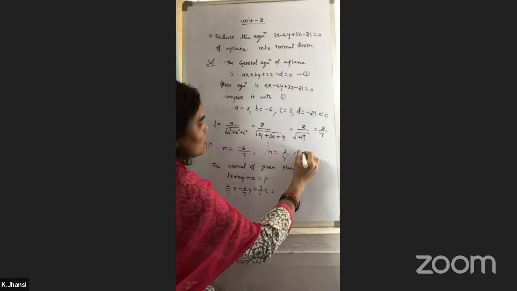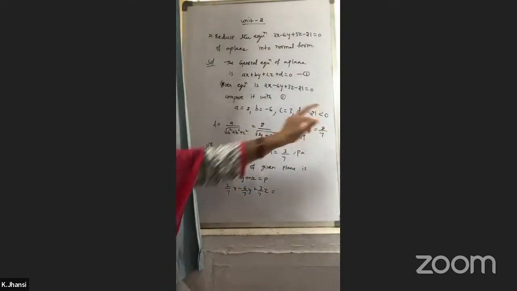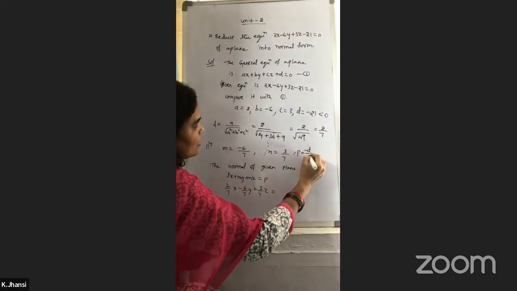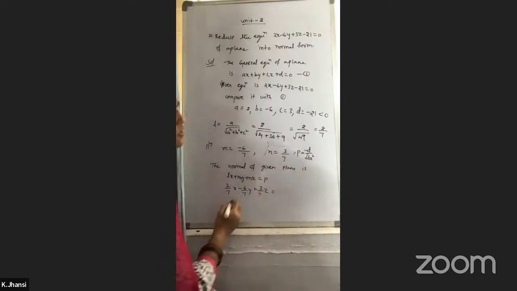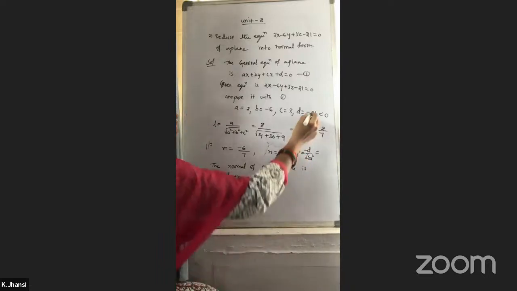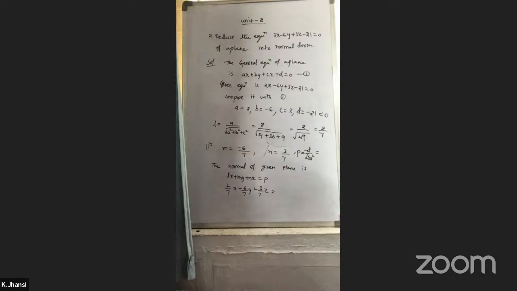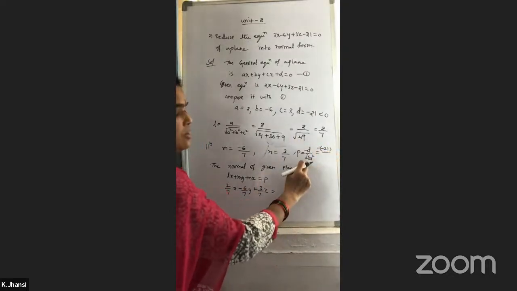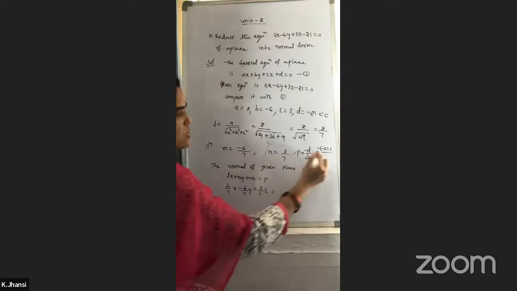What is P here? P equals minus D, since D is less than 0. Then the formula is minus D by root of sigma A square. Our D value is minus 21. So minus of minus 21 by 7, since root of sigma A square is 7.